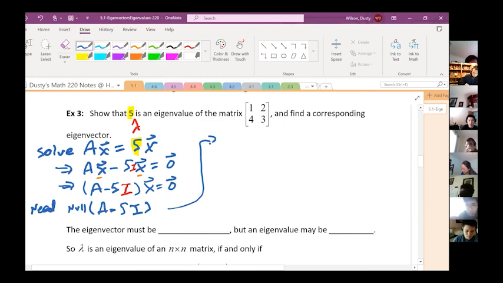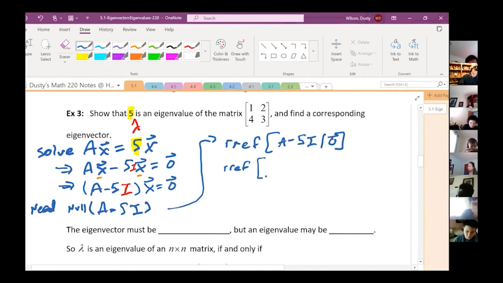So we've got to ref it. So we need to ref A minus 5I augmented with 0. Right? And so notice what we're doing is we're going to subtract.